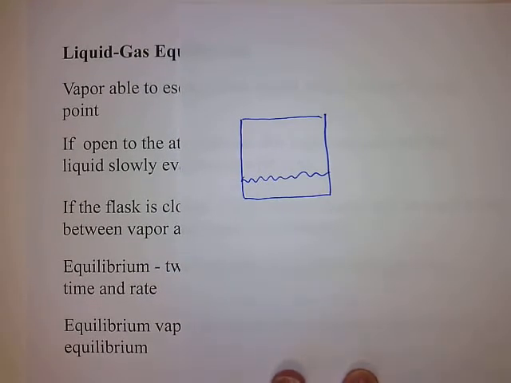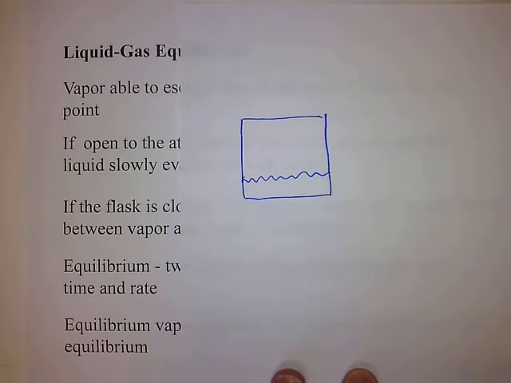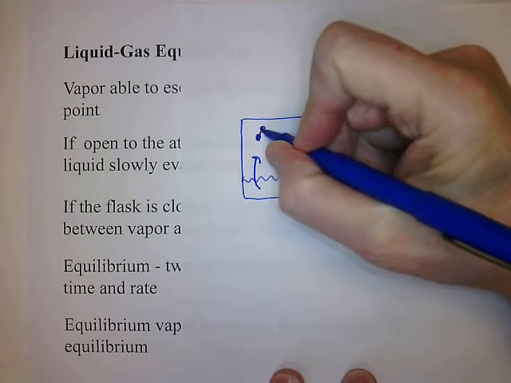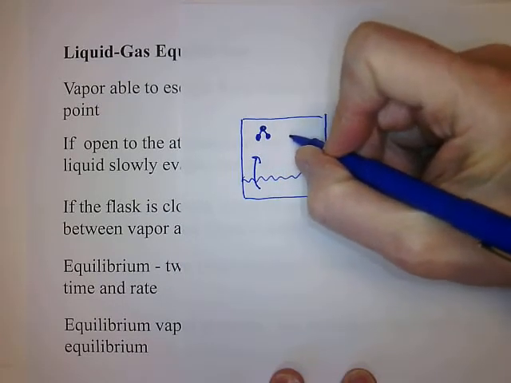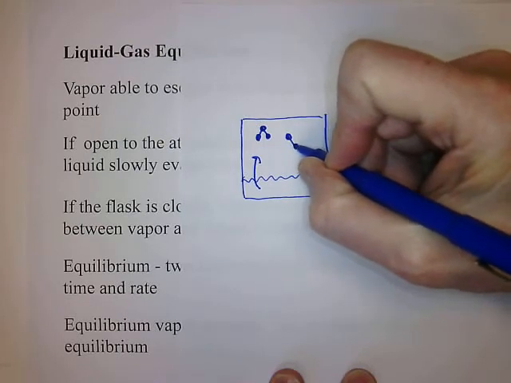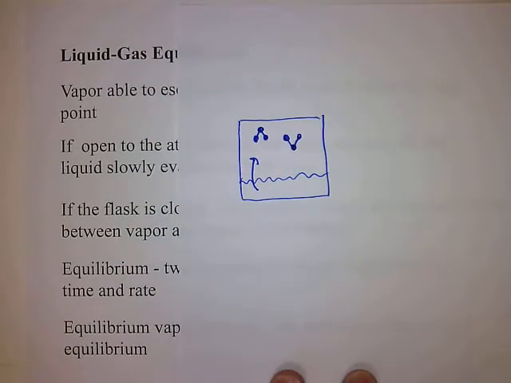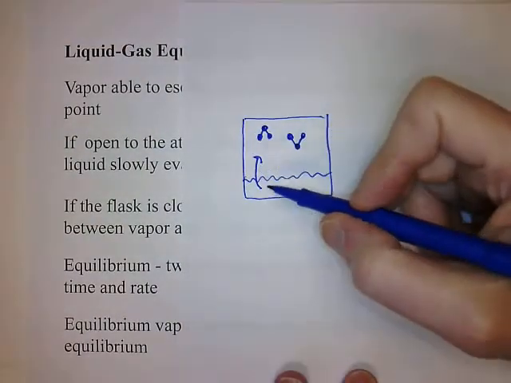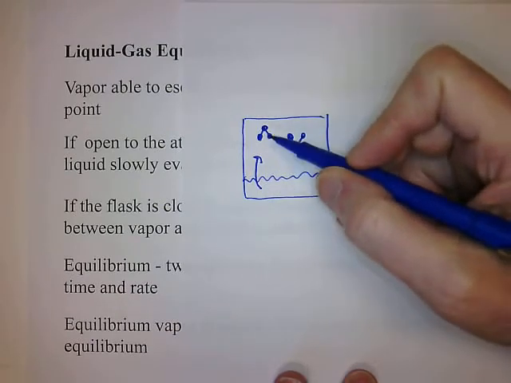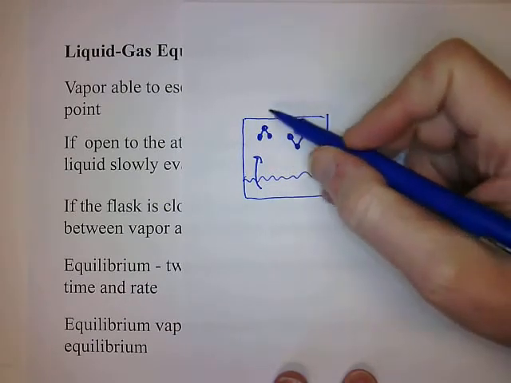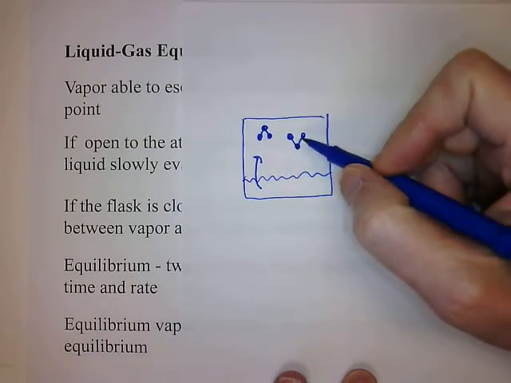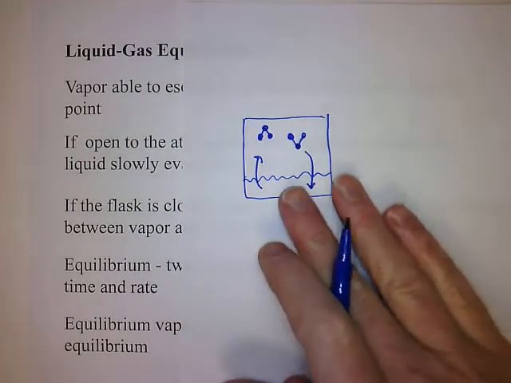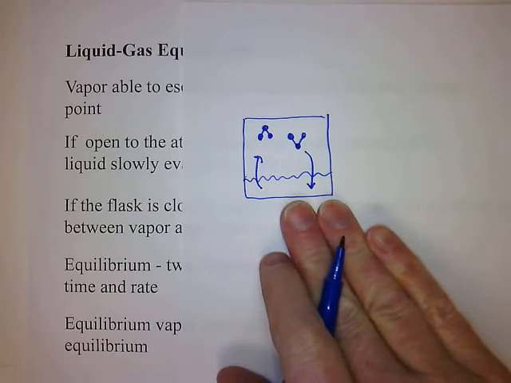Even if we're below the boiling point, there's a certain number of those molecules that are going to escape from the liquid surface and form gaseous molecules. But that's only going to go to a certain extent, and then the gaseous water molecules will start condensing back down to a liquid again, and that's when the equilibrium is established.